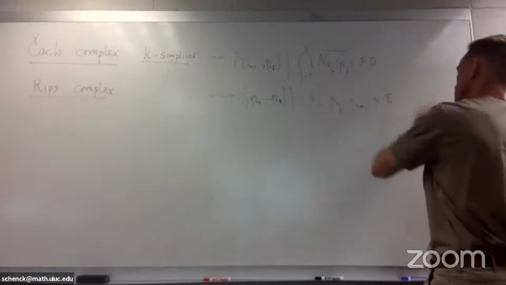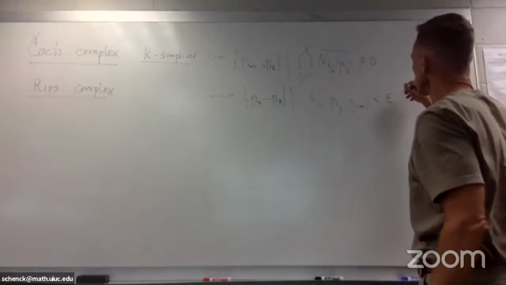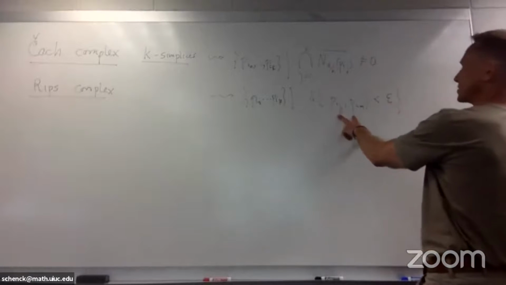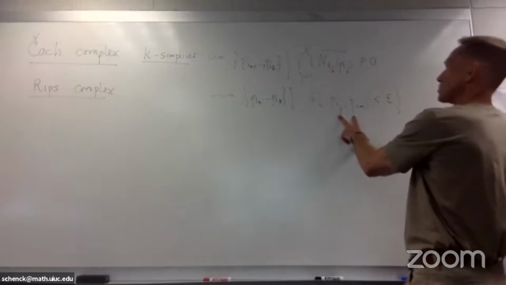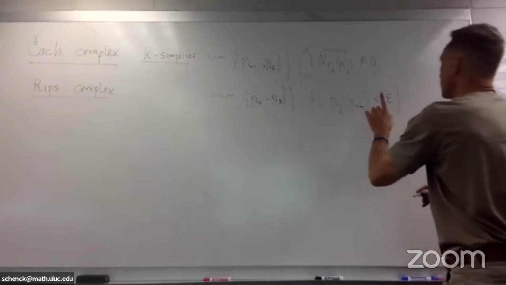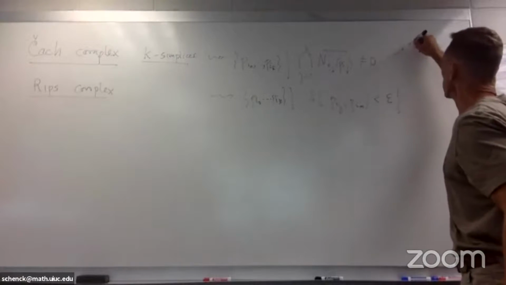Notice this is epsilon over 2, this is epsilon. As long as pairwise distances are all less than epsilon, then I create a k-simplex.